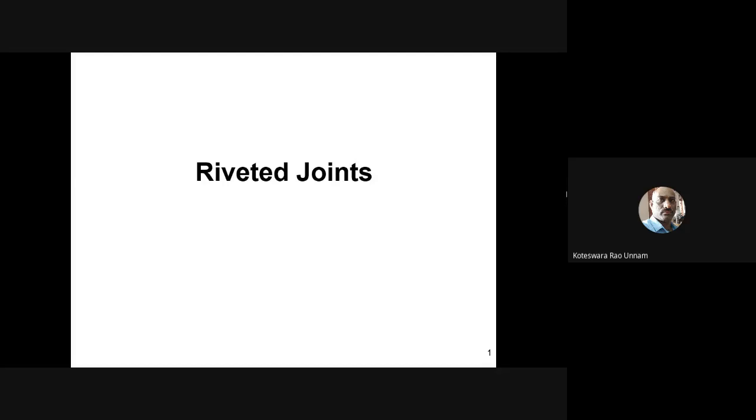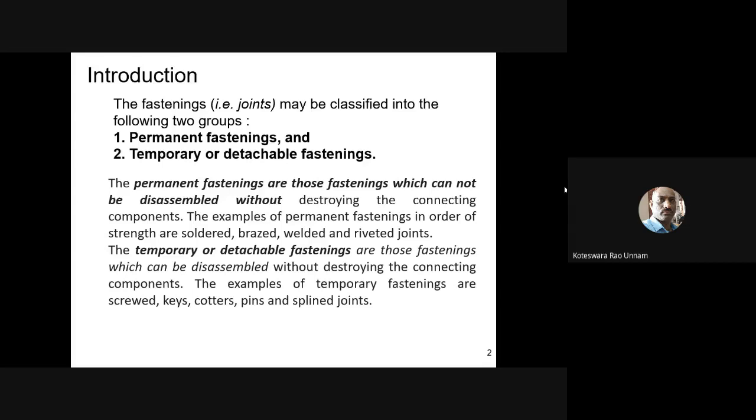In that, first we will move on to the introduction. If you take a riveted joint, it comes under permanent fastenings or permanent joints. Generally the joints are classified into two categories: one is called permanent joints, the other is called temporary joints.